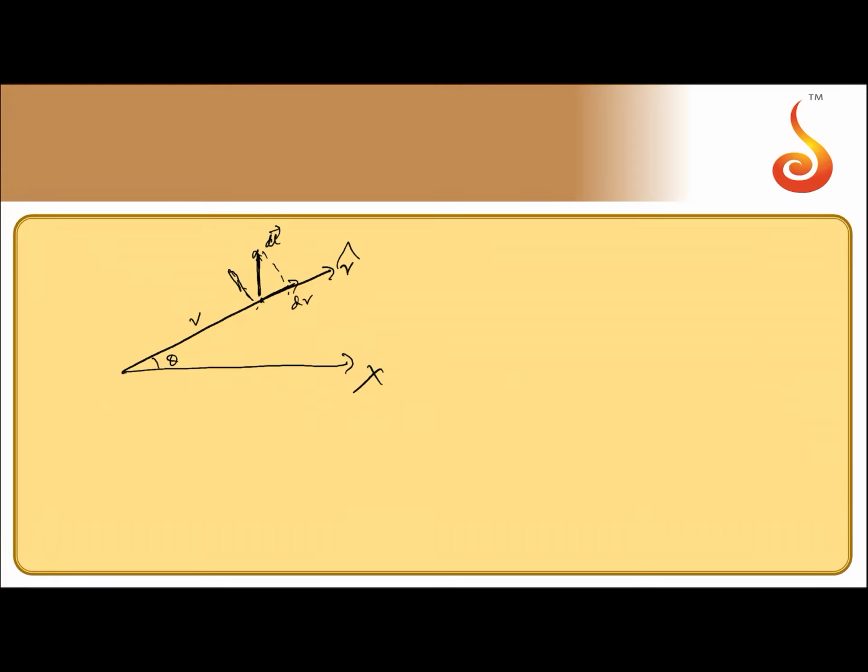So this is dr, this is r d theta, and this direction is called theta cap, and this is r cap. So dl, the elemental length, we can write as dr into r cap plus r d theta into theta cap, resolved into two mutually perpendicular components.